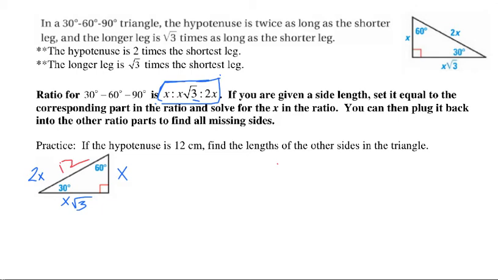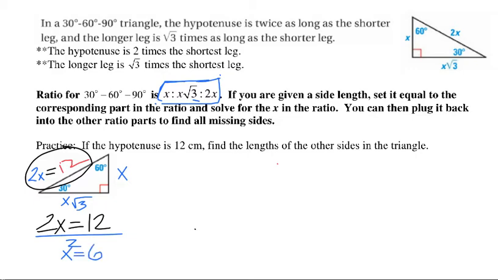When I solve this for x, I can divide both sides by 2, so my blue x is going to equal 6. So in my ratio, since my x is 6, I can replace each of the x's with 6. So that means that our hypotenuse is 2 times 6, so it's really a 12 for the hypotenuse, which is what we started with.